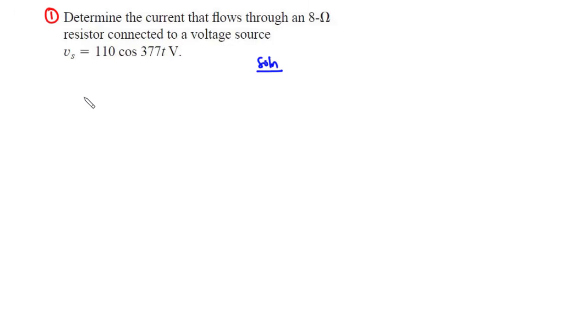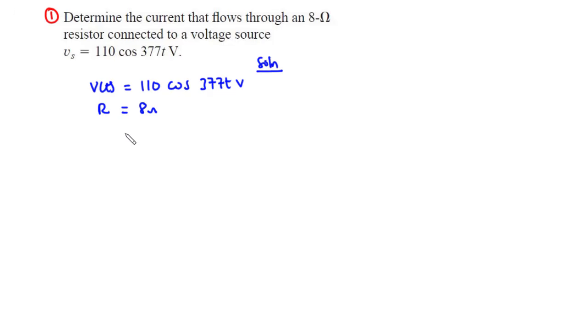Now from the question, we are given the sinusoidal voltage, that is v of t equals 110 cos 377t. And then we have the resistance of this circuit to be 8 ohms. Now you realize that this circuit is a purely resistive circuit.